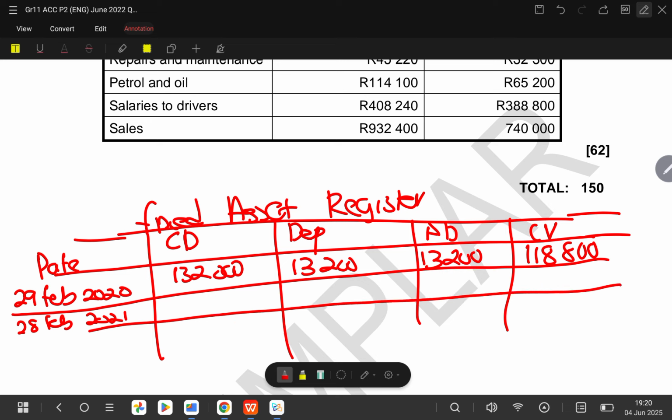So you'd say 118,800 multiplied by 10 divided by 100, and then you multiply by 12 over 12, which will give you depreciation of 11,880.